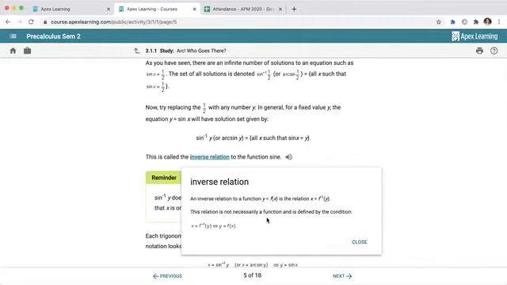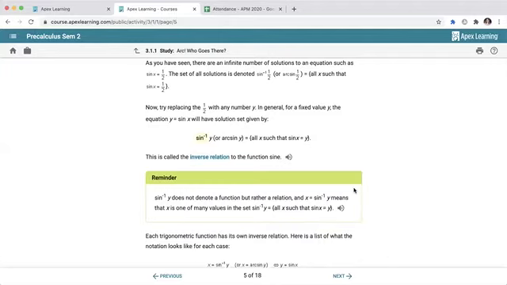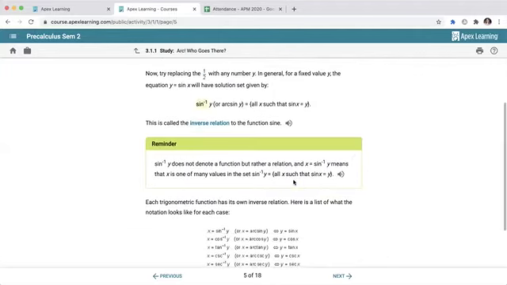In general, remember, an inverse function is where we flip our x and our y values, and we denote it with that -1 sign. This is f to the -1 standing for our inverse, which is why this sine to the -1 should look kind of familiar. All right, awesome.